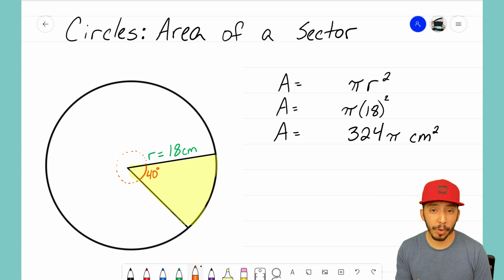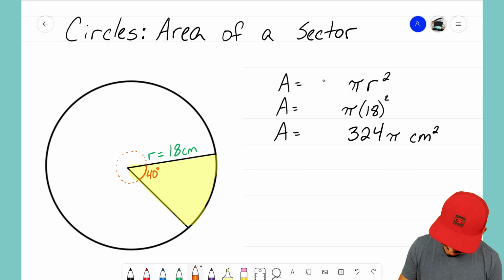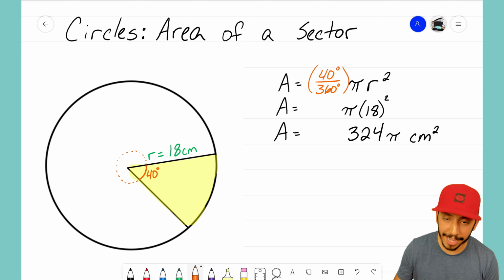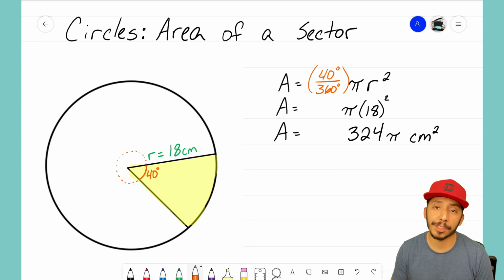That idea of 40 out of 360, that's what we need to write in front of our area formula to adjust for the fact that this is a sector. I want 40 degrees of the 360 degree circle. And by doing that, I've created a fraction that's going to help us determine that area.